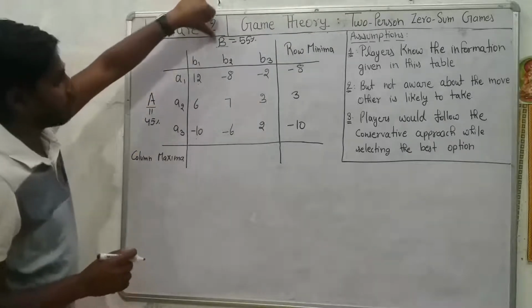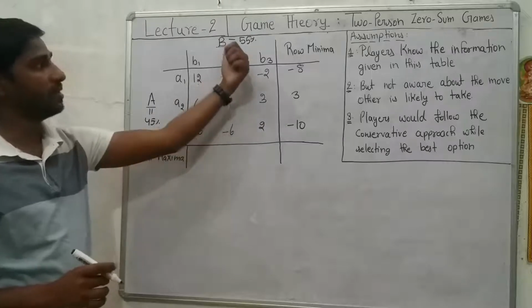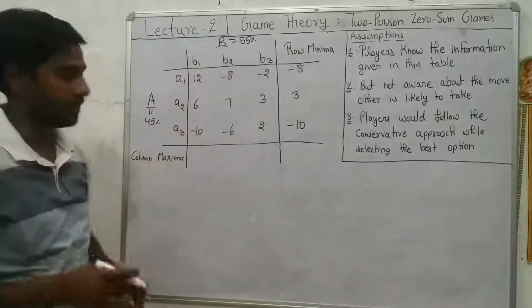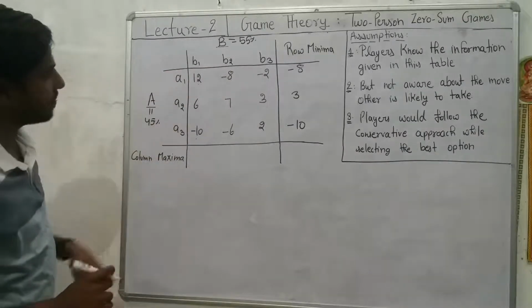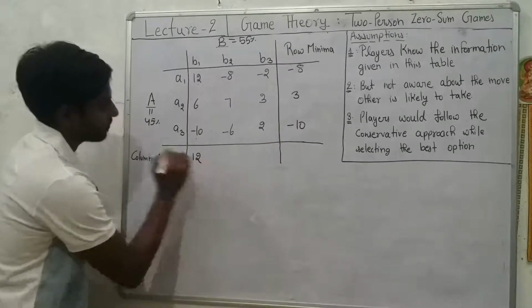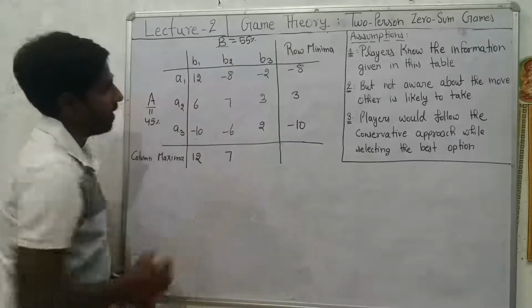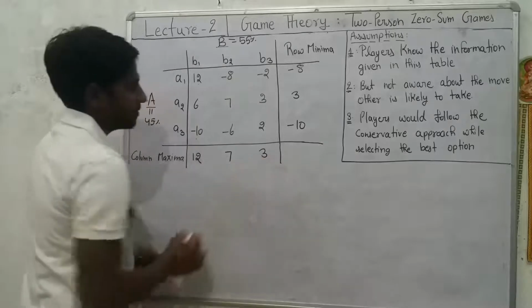Remember that a positive value means the loss of B and a negative value means the profit of B. So what is the column maxima? In the first column the maximum value is 12, in the second column it is 7, and in the third column it is 3.